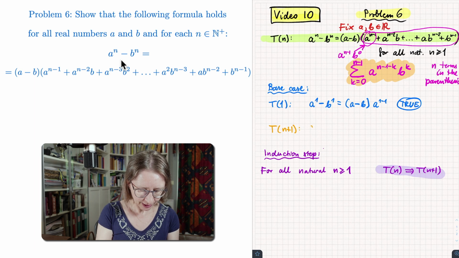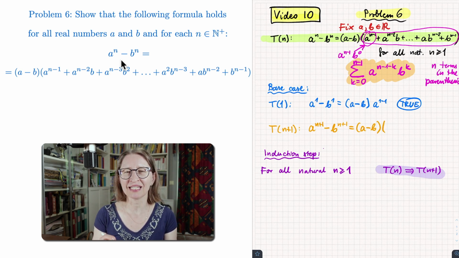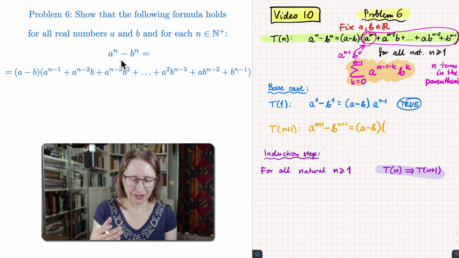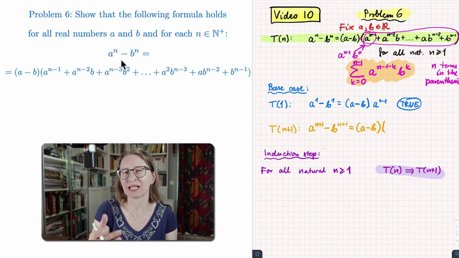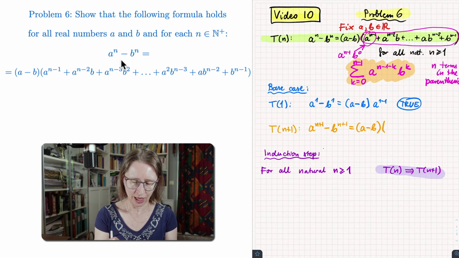It will be that a to n plus 1 minus b to n plus 1 is equal to a minus b times, and now in this parenthesis the sum of the exponents must be equal to n, because in the thesis for n the sum was n minus 1, so in the thesis for n plus 1 it must be equal to n.